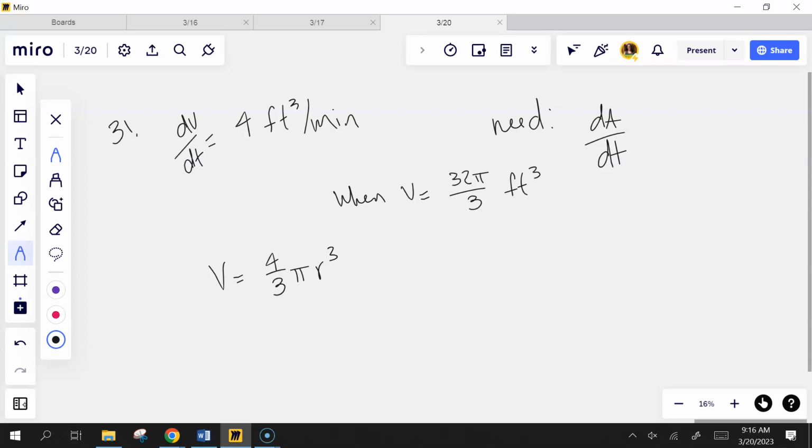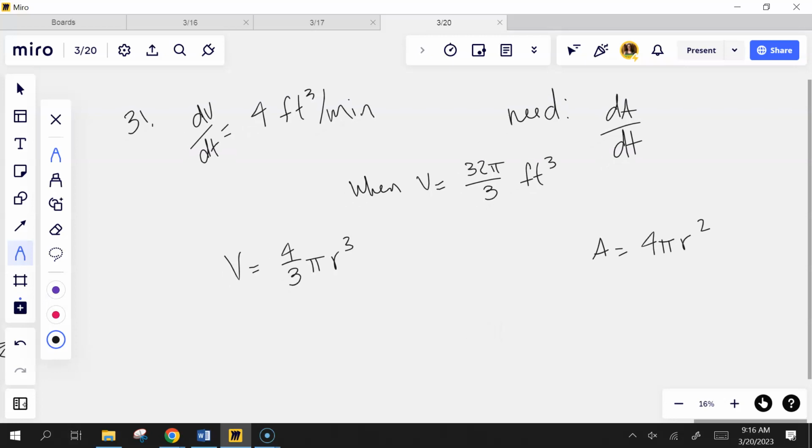I know I've got some area stuff over here. So what's the surface area of a sphere? 4 pi r squared. Well, let's see. Because here I know I need dA/dt, right?